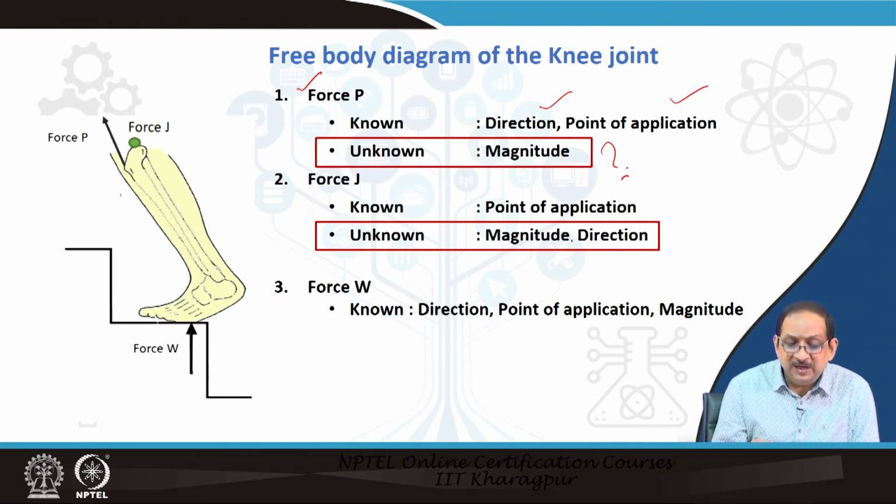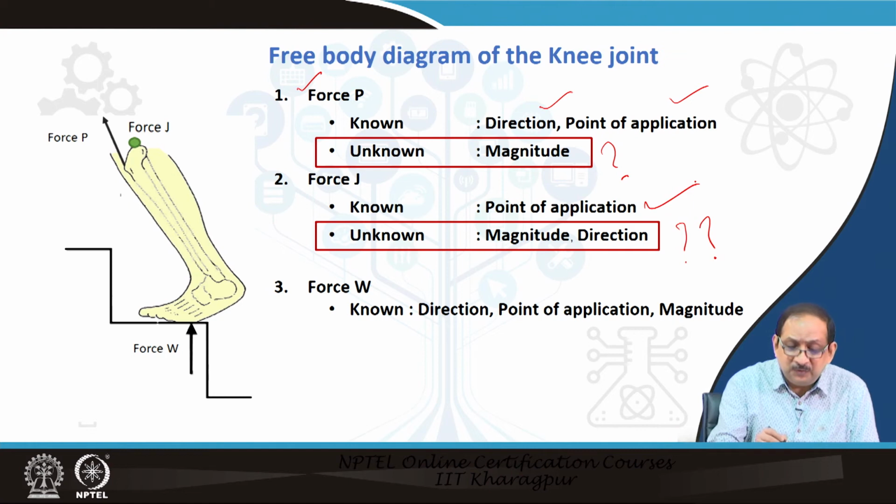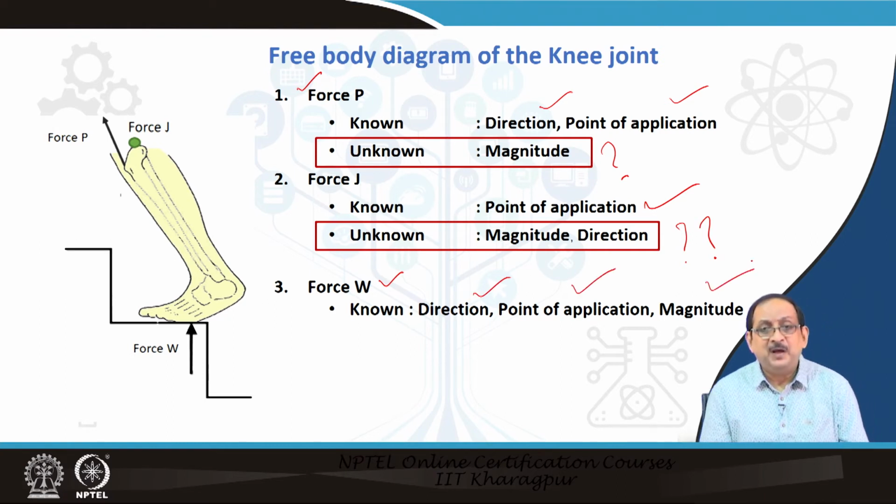For force J, the joint reaction force, both magnitude and direction are unknown; only the point of application of this joint reaction force is known, in the form of the instantaneous center of rotation. For force W, which is the ground reaction force due to the body weight, the direction, point of application and magnitude are all known.